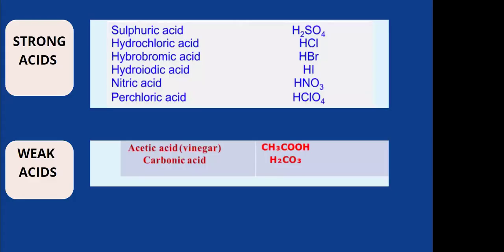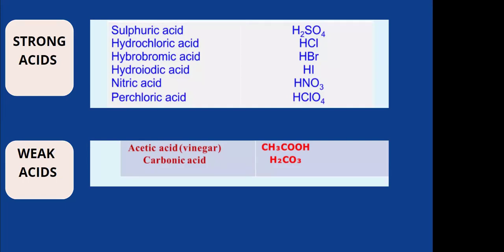Here are some examples. Strong acids: sulfuric acid, hydrochloric acid, hydrobromic acid, hydroiodic acid, nitric acid, and perchloric acid. If you look, there is something common in those strong acids, that is H, hydrogen. S is sulfur, O is oxygen, Cl is chlorine, Br is bromine, I is iodine, N is nitrogen, and C is carbon itself in the weak acids.